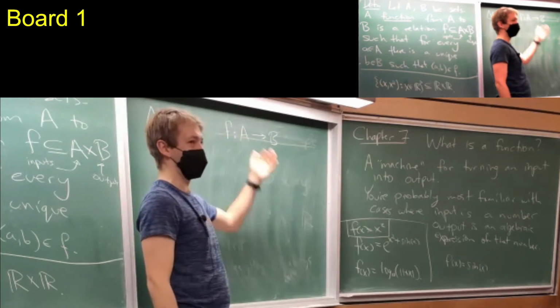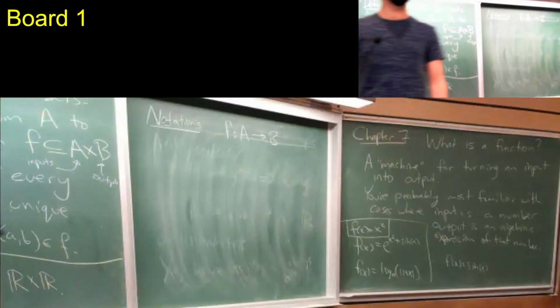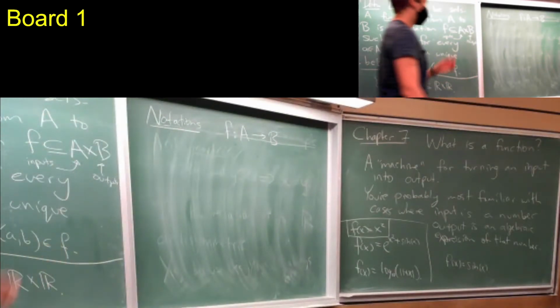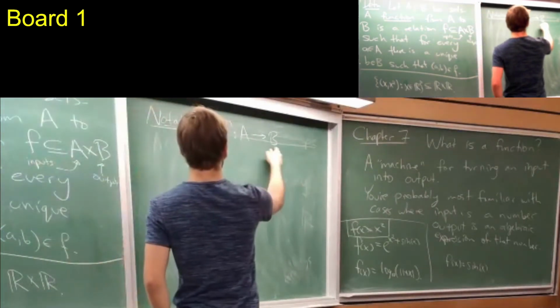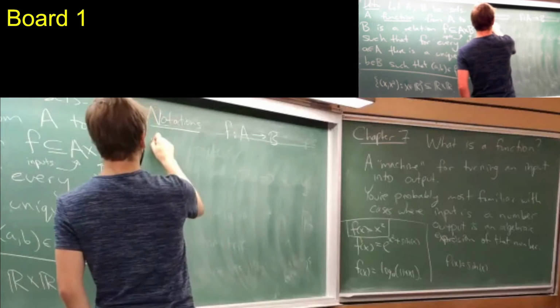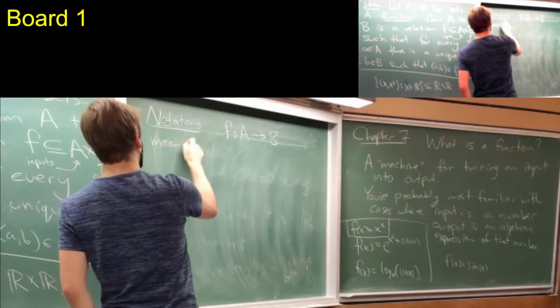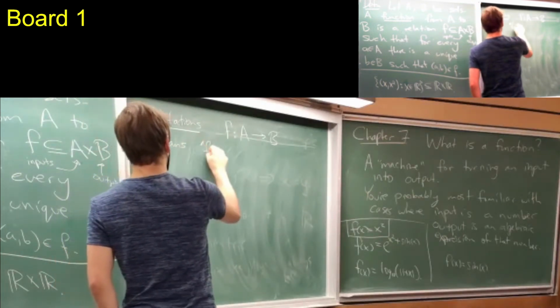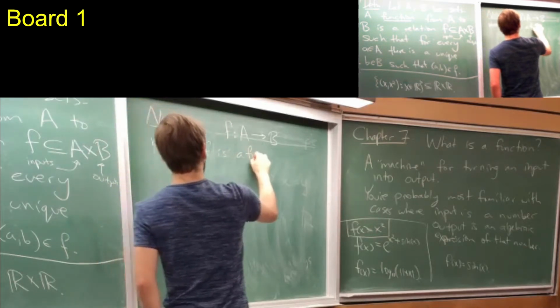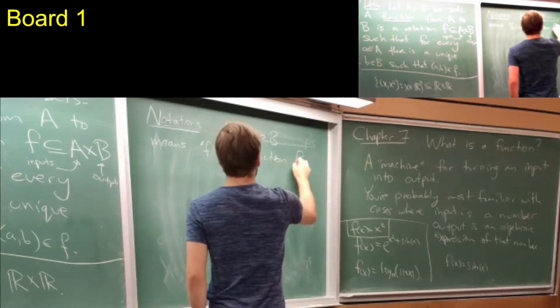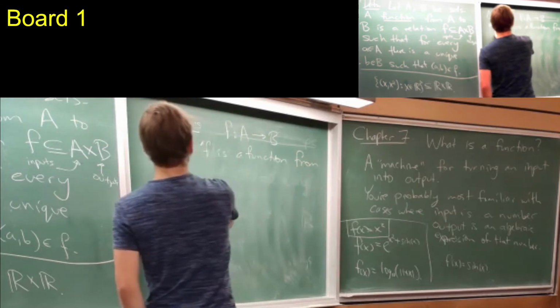But yeah, we're reusing these symbols for a different meaning now. So if I write f colon A arrow B, this just translates in English to f is a function from A to B.